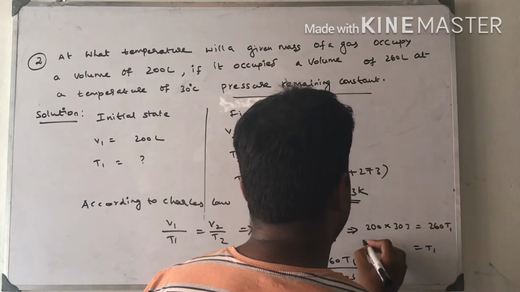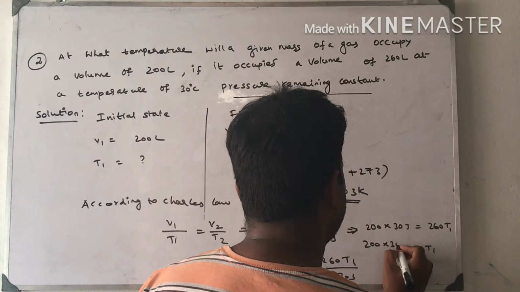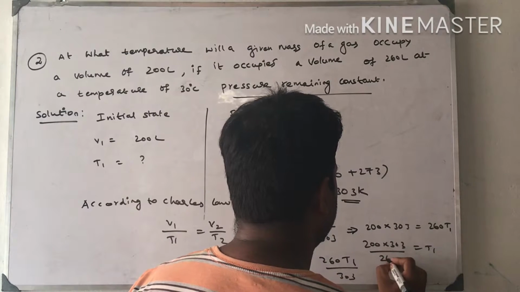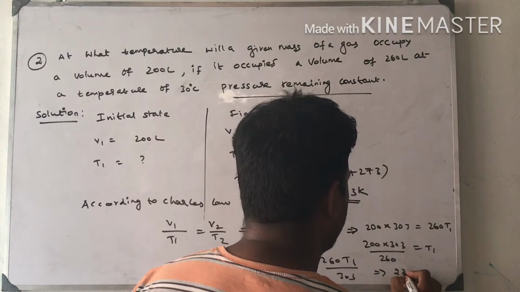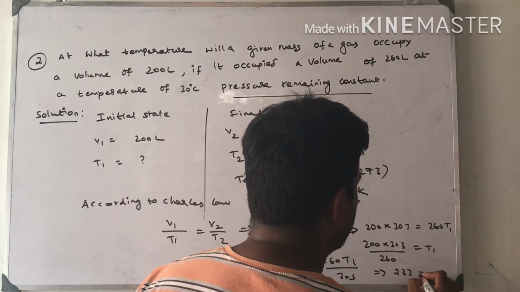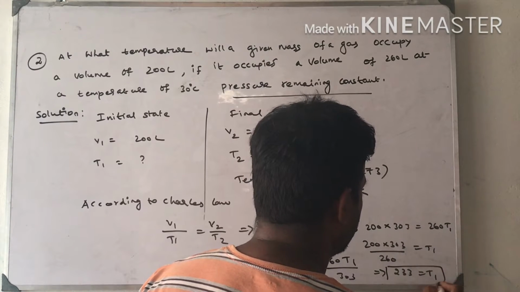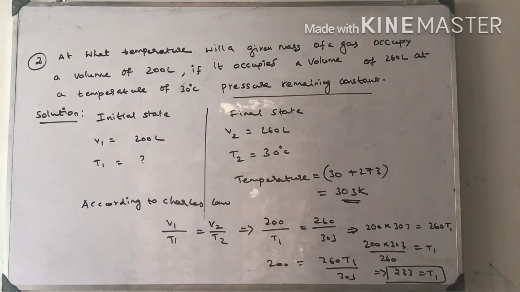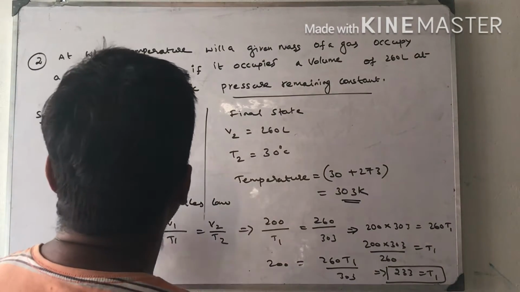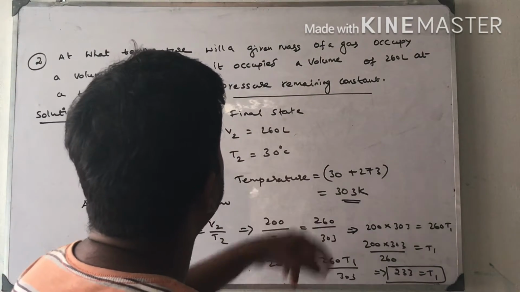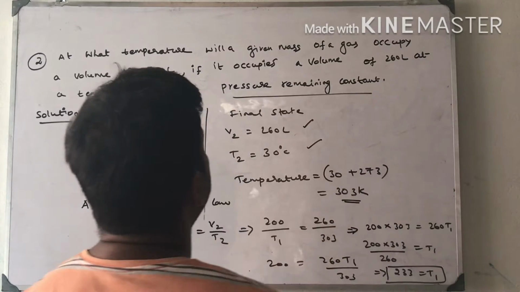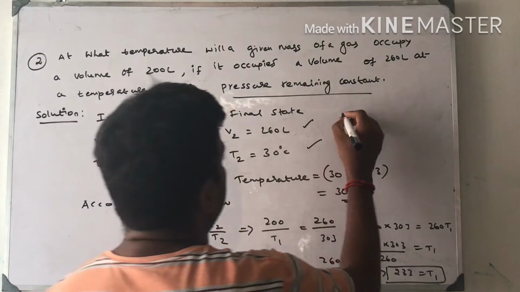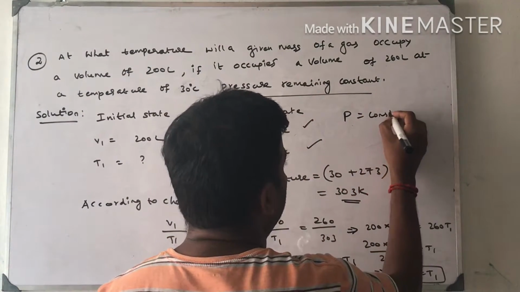Then T1 is equal to 200 into 303 by 260. We will get the answer 233. This is the temperature T1. So the temperature is increased, T1 is 233, the initial temperature. Temperature increased to 30 degrees, so volume also increased. Pressure is constant.